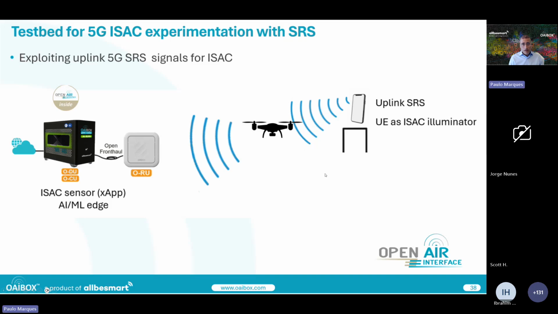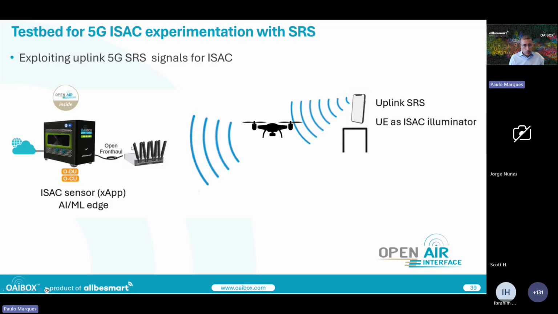So if I want to use OpenAirInterface to explore SRS signals, what do I need? I need a user equipment, could be a mobile phone or a Quectel modem, a commercial mobile phone that works as an ISAC illuminator. And then we need a gNB that runs the full gNB stack, a radio unit or a software-defined radio.